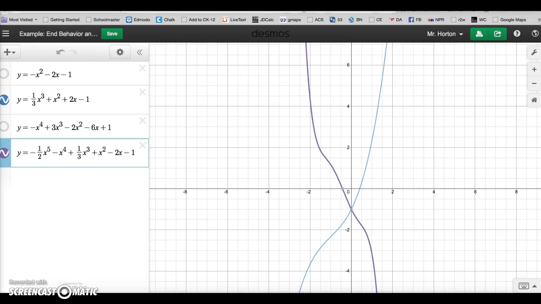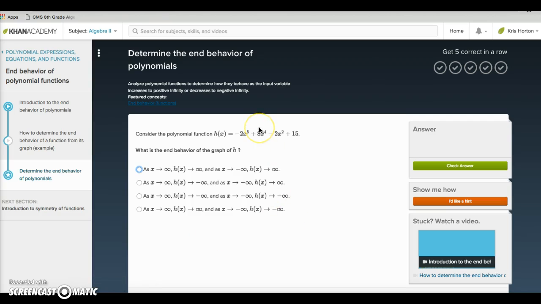There's a chart in your book that summarizes all this information, and that will be posted in the Google Doc as well. I will paste that chart in there, but that would be a handy thing to have close to you as you're doing these problems as a reference to remember what the end behavior of these particular functions do. So now we're going to look at some examples on Khan Academy.